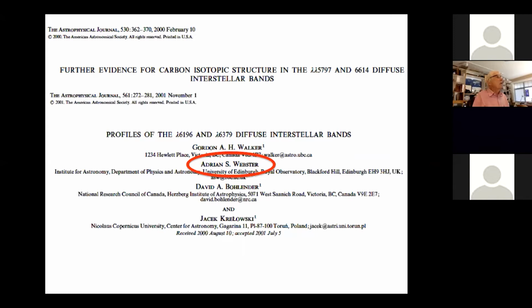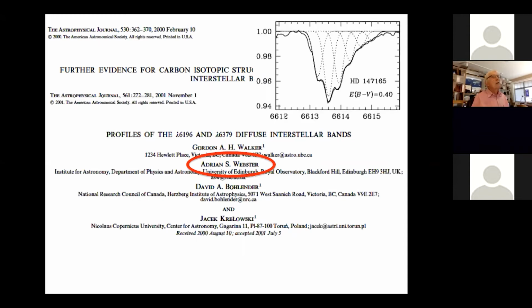He pointed out that the structure in some of the diffuse bands, if they're narrow enough, might show the presence of isotopes if the molecule was large enough that successive substitutions of C13 for C12 would essentially broaden the line. And we saw this for quite a large number of stars. We were able to get a very good agreement.